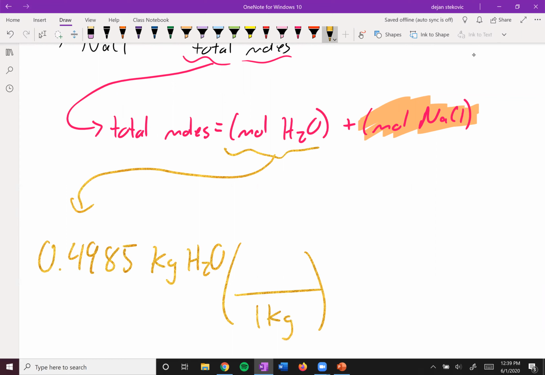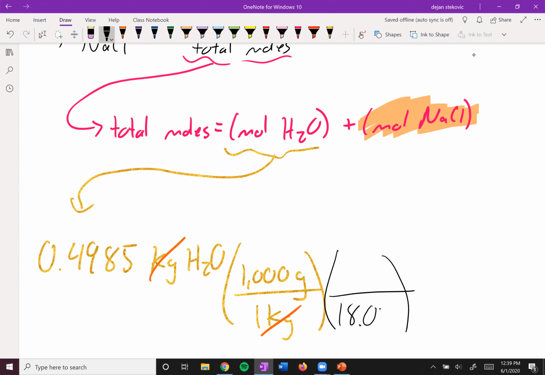So 1 kilogram, 1,000 grams. Kilograms are going to cancel out. And to go from our mass, our grams, to moles is our molar mass. So we can use the molar mass of water, 18.02 grams per mole. Cancel out the grams. And then you get a total of 27.66 moles of water.